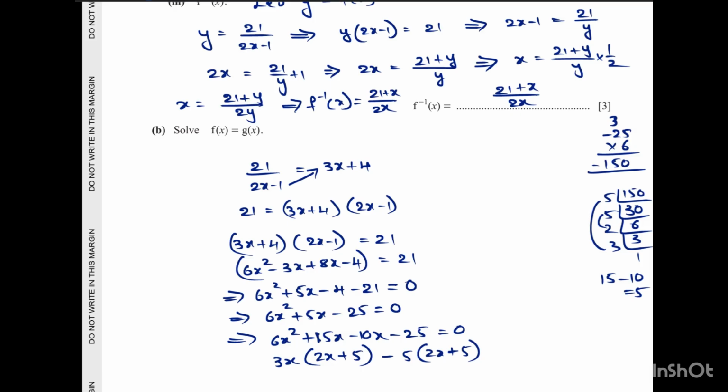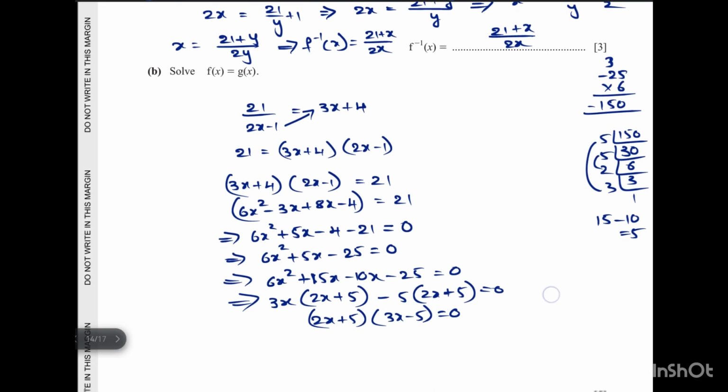Minus 25 means minus 5 into plus 5 is equal to 0. So 2x plus 5 into 3x minus 5 is equal to 0. These are the two factors.